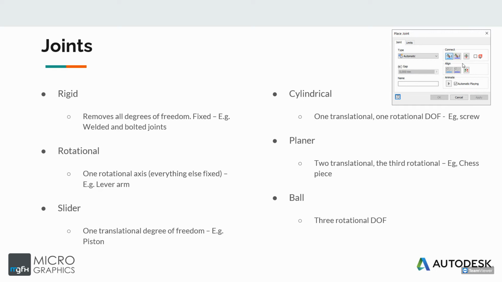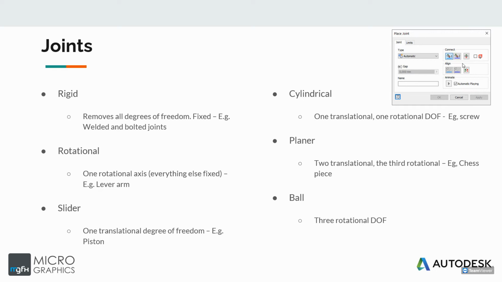Then you have planar, which is two translational, and the third direction will be a rotational. Think of a chess piece on a chessboard. The base of the chess piece slides in the X and Y direction of your chessboard, and then it can also rotate about the other direction, which is the Z direction. So about its own axis, it can rotate there.